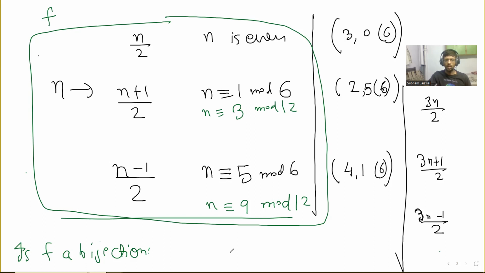What goes to 12? Yes, 24. So, is it a surjection? If I take a k, and if k is equal to 12k plus something even, it should not be difficult.